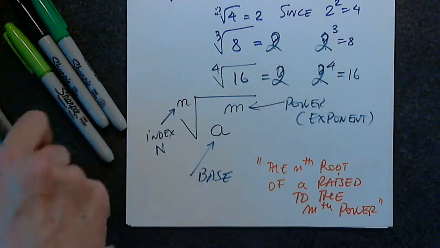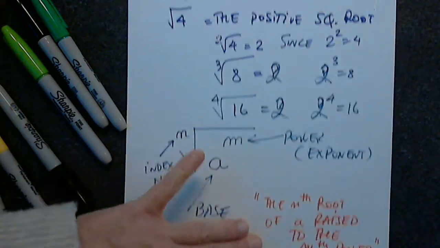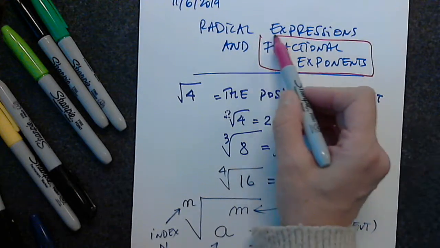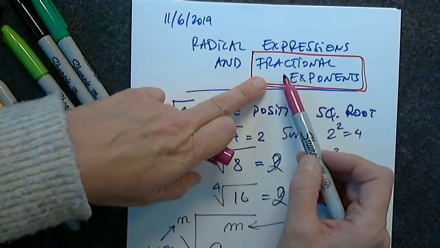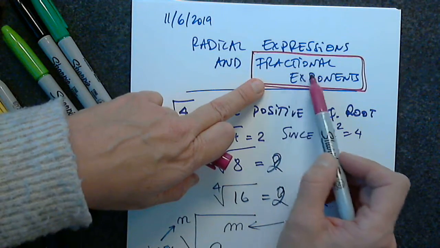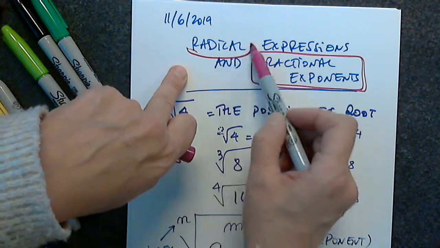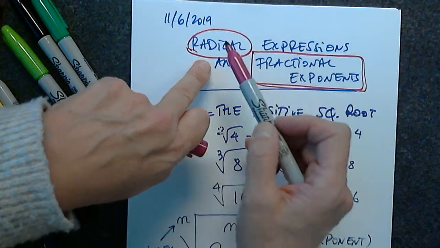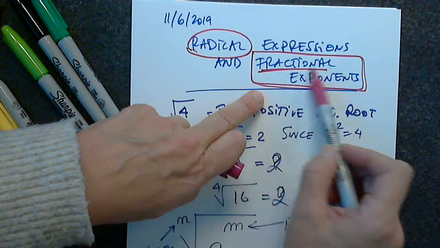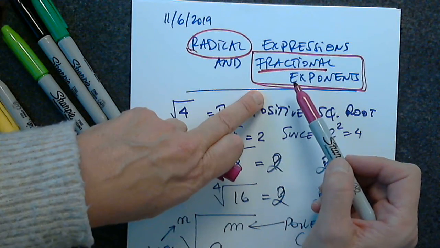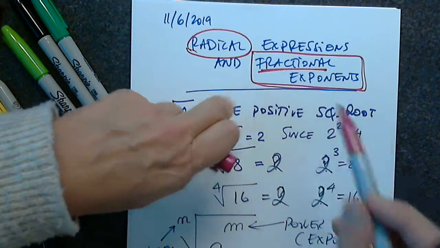This can be replaced by an expression with fractional exponents, always. If I see an expression that has an exponent that is a fraction, I immediately think of a radical. If I see a radical, I know I can change it into an expression with an exponent that is a fraction, back and forth.